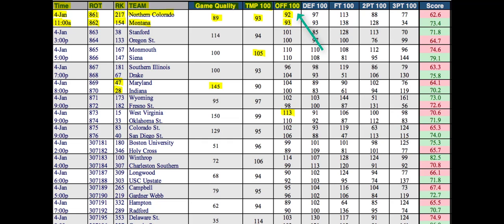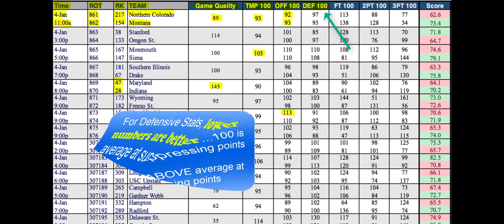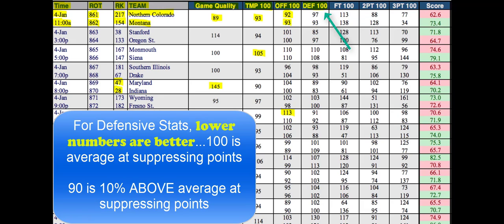For the defensive column, it's slightly different. All our defensive statistics are the reverse. So the lower number is better. The lower number is above average. The higher number is below average. So if you're below 100, that means you're an above average defense. If you're above 100, that means you're a below average defense.